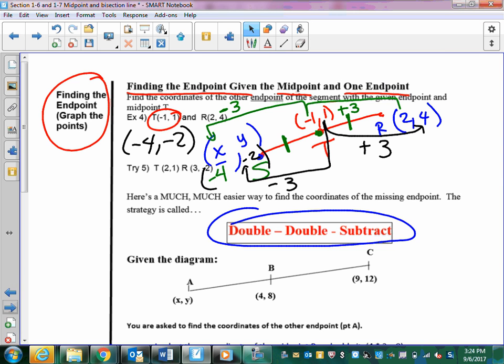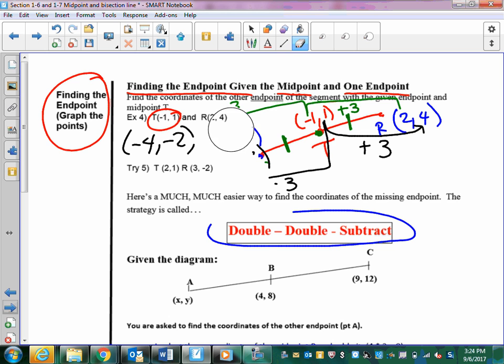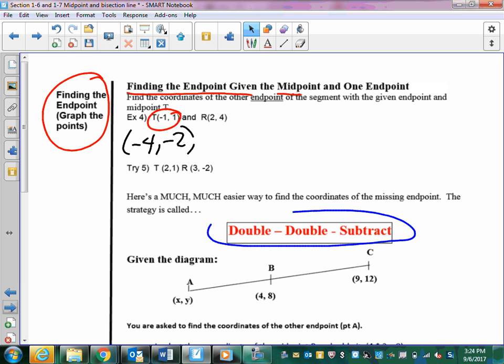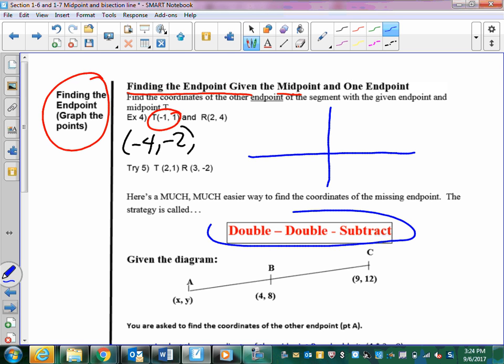So I'm going to do the second example with you. We will practice this again in class, so don't worry if you're getting confused. Instead of just drawing it on a number line, let me try to create this. In this case, T is the midpoint, which is 2 and 1.